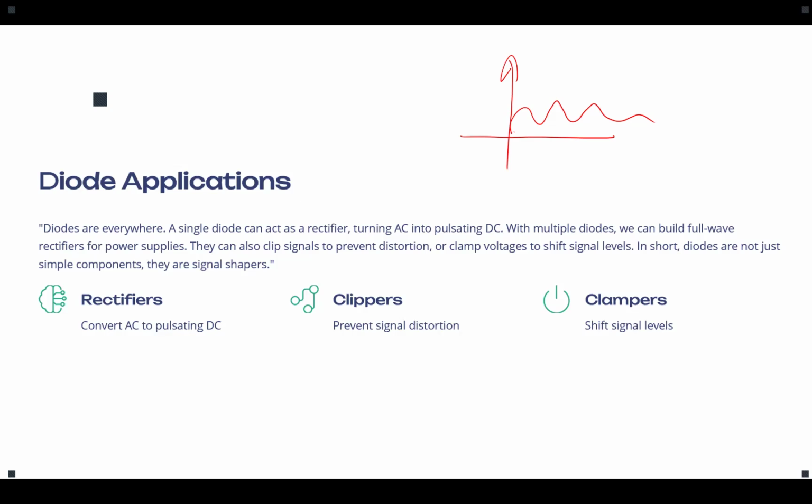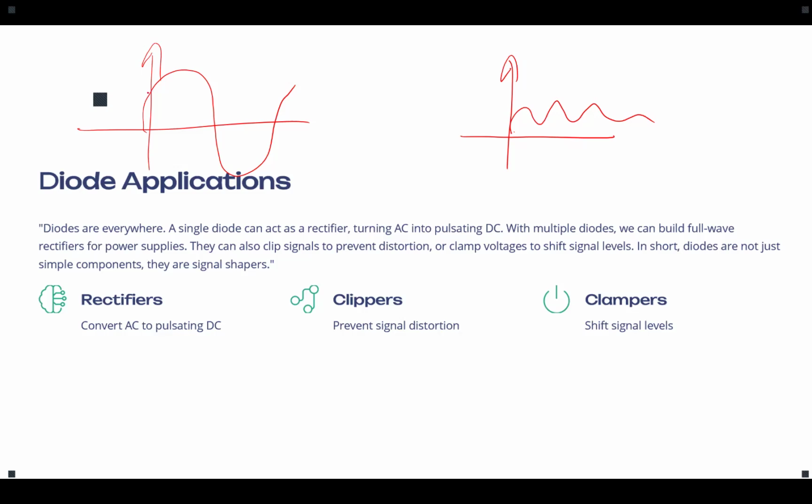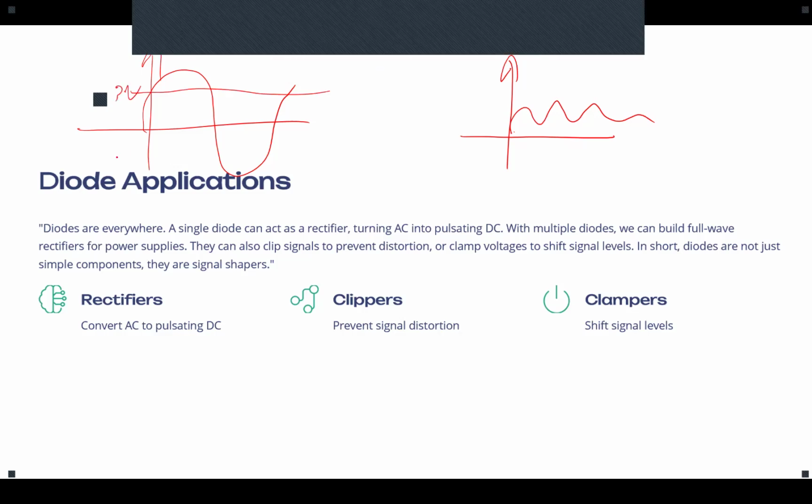For example, you have an AC signal and you design a clipper circuit using the diode, where you set the maximum voltage as, for example, 3 volts, and the minimum voltage at minus 3 volts. The diode does not allow the voltage to go higher than that, so it actually clips the voltage based on the threshold you set in your circuit.